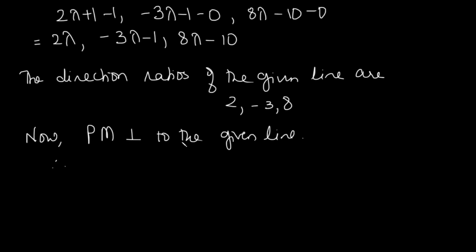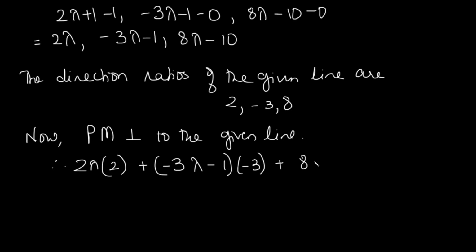When two lines are perpendicular, when we multiply the corresponding direction ratios and add, we get 0. This is a fact which you will have to remember. So we have 2 lambda into 2 plus minus 3 lambda minus 1 into minus 3 plus 8 lambda minus 10 into 8 is equal to 0.